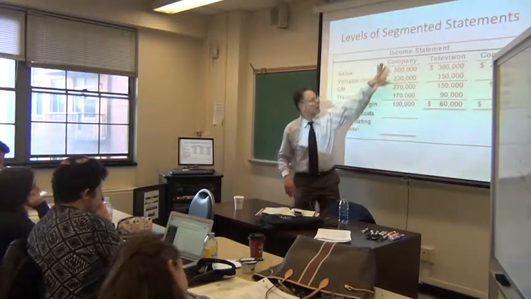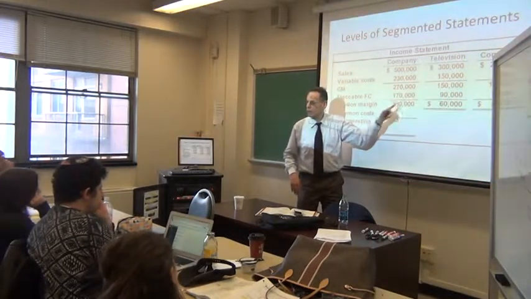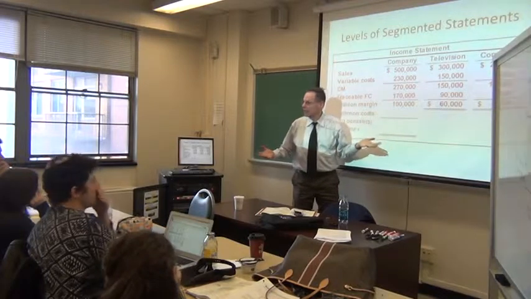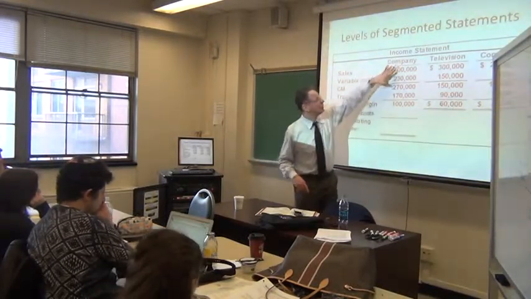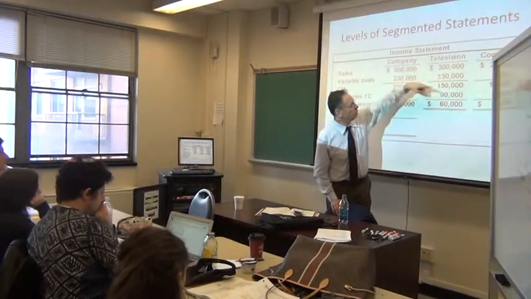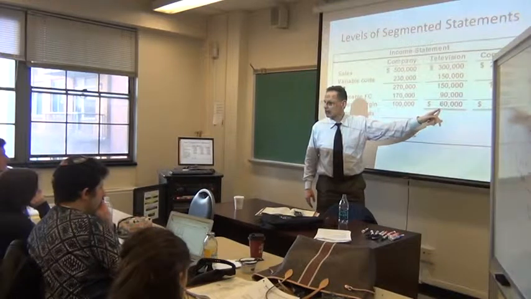Well, if a division's contribution margin covers its traceable fixed cost, then it's contributing to the bottom line. It means if you got rid of this division, you would lose money. You would lose $60,000.